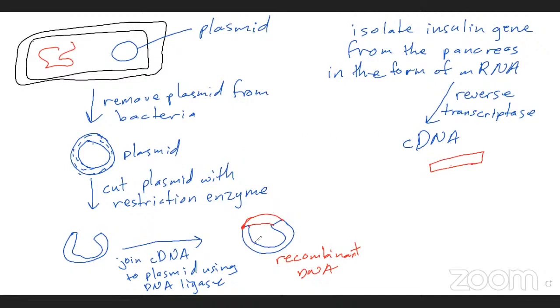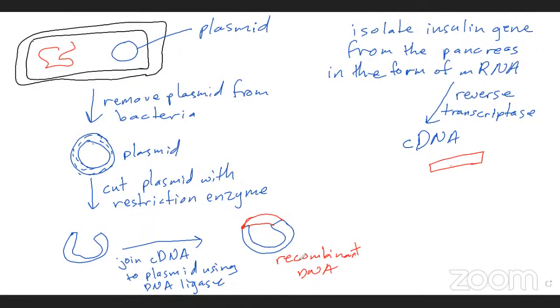All right. And the reason why it's the vector is, what does a vector do? Like a mosquito is a vector, right? In this case, it is carrying something. So the plasmid is carrying the gene.